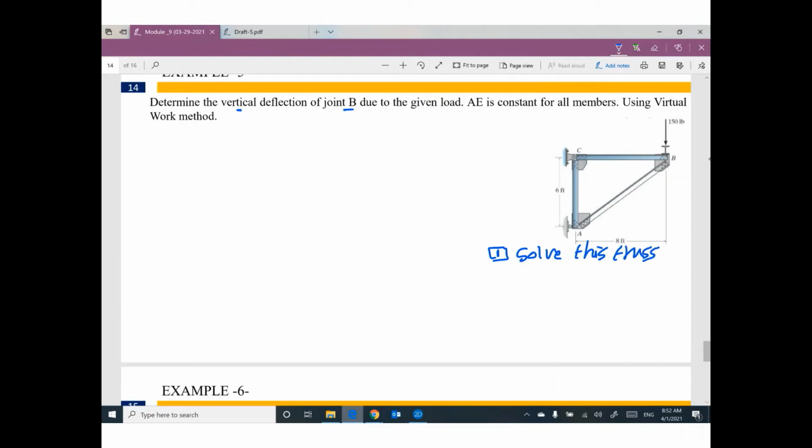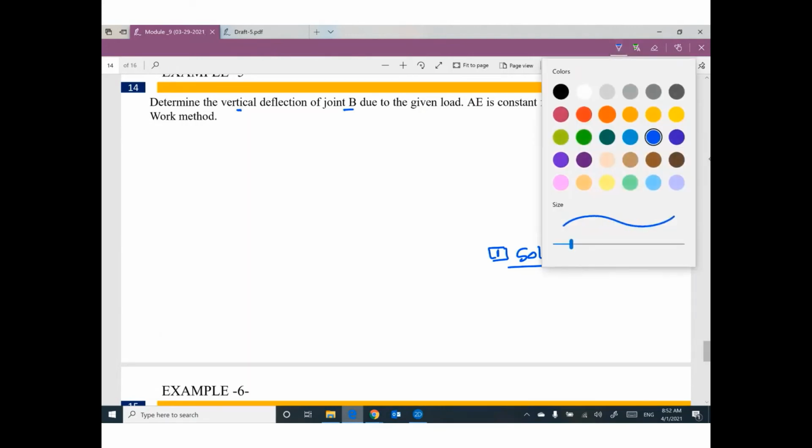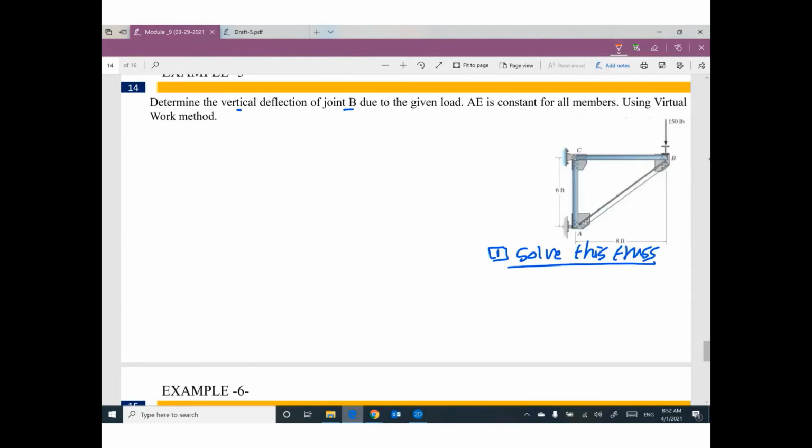Chapter 4. To solve this truss, I need to figure out what is the reaction. We have here reaction XA. We have here reaction XC. We have here vertical reaction YC.